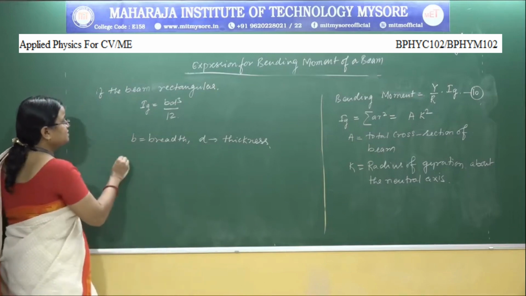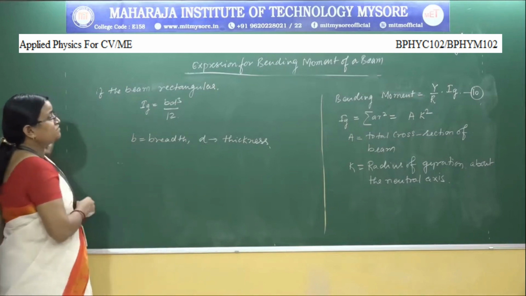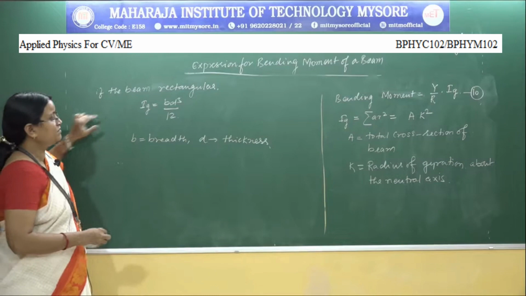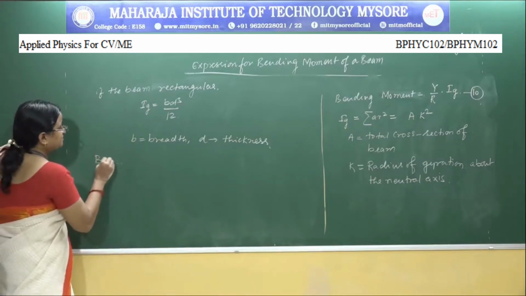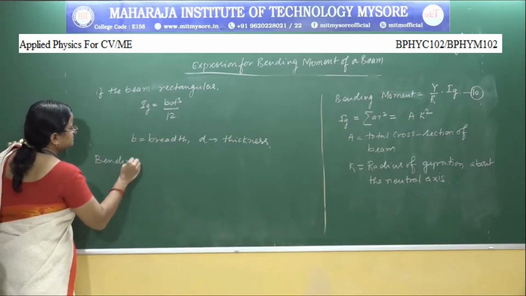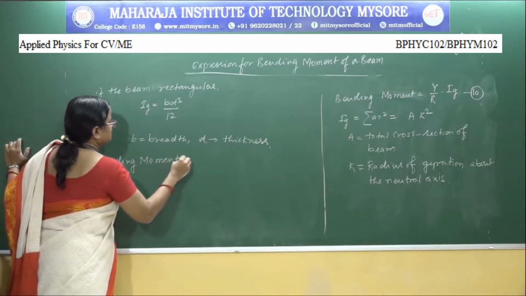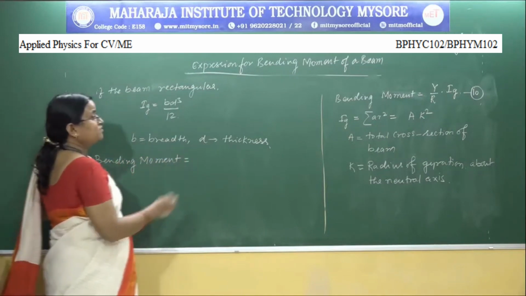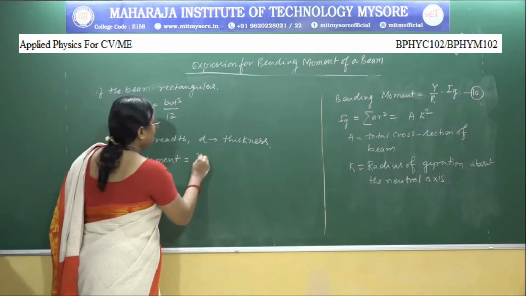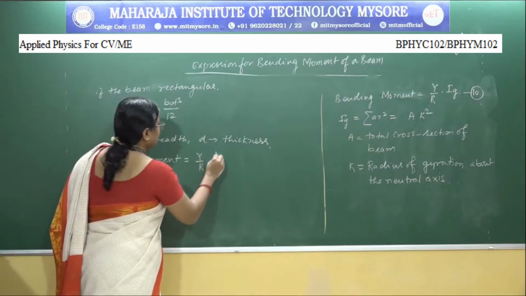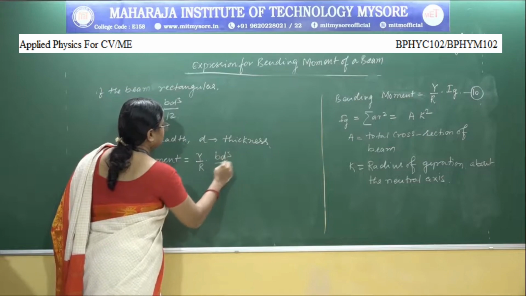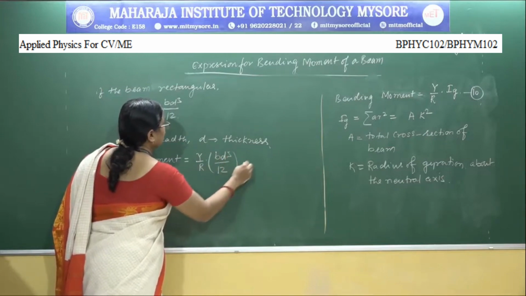So what we get? In the case of a rectangular beam, the bending moment will be equal to, from equation 10, Y by R into B D cube divided by 12.